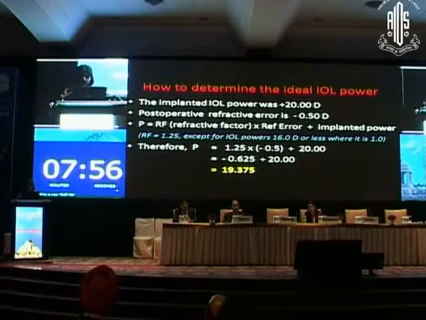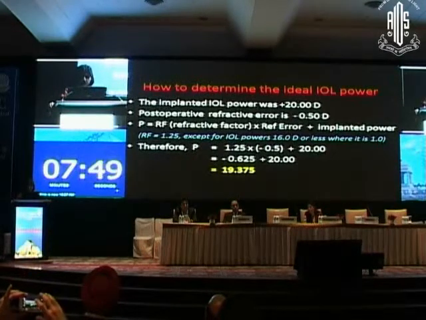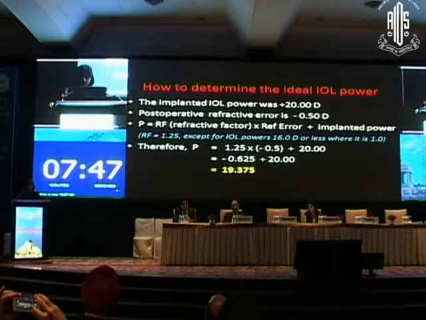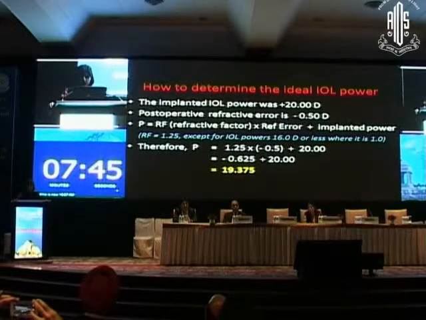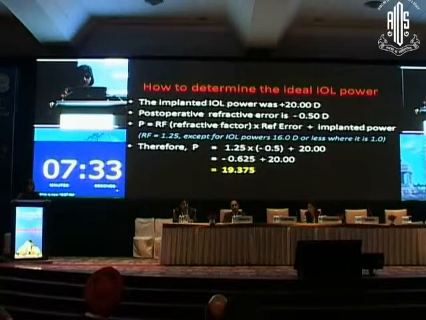So our P becomes 1.25, which is the refractive factor, multiplied by minus half, which is minus 0.625, and then we add it to plus 20, and the ideal IOL power comes out to be 19.375. And just a short note here that the refractive factor, for the SRK formula, is taken to be 1.25, except when we implant IOL power of 16 or less, when it is taken to be 1.